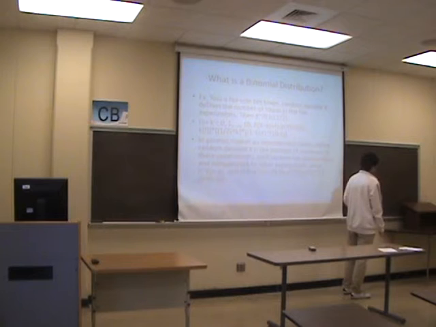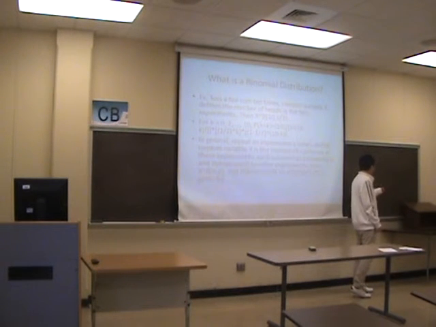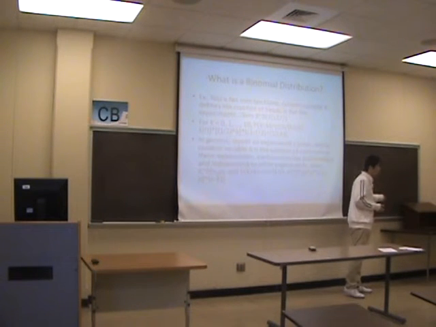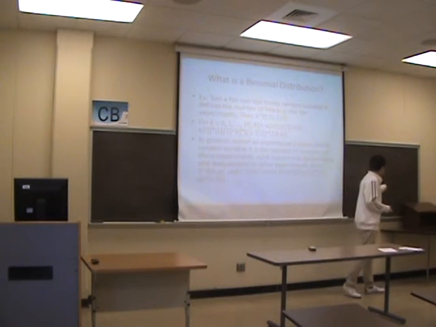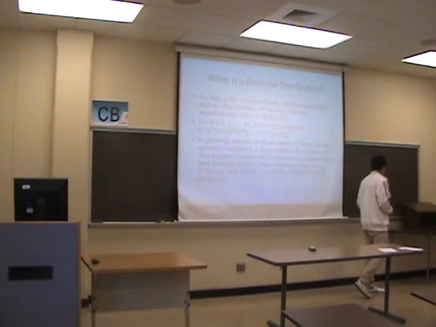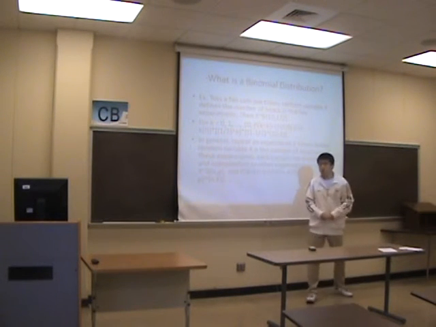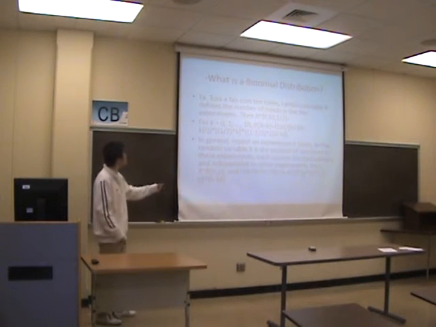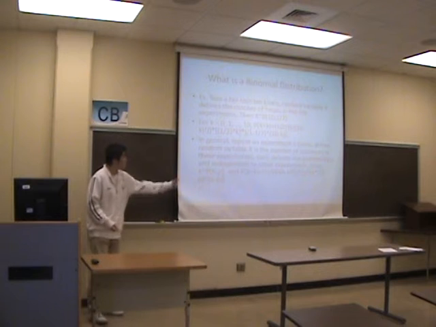In the example, we toss the fair coin n times, and the p here is the probability for each toss. We get the probability of a head is p, and 1 minus p is the tail. So this one calculates the fail, and this one calculates the success. In total, these 3 parts define a binomial distribution by that formula.